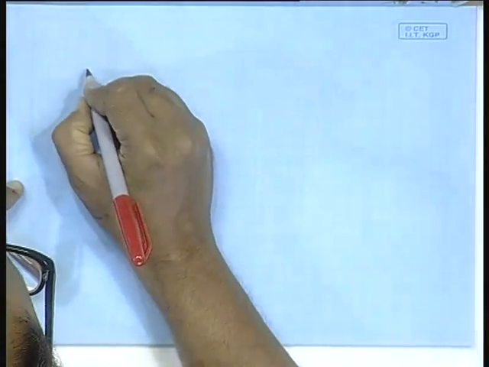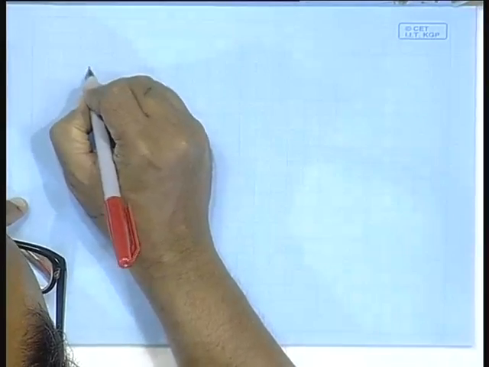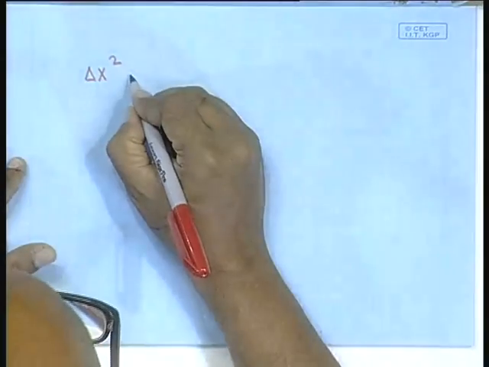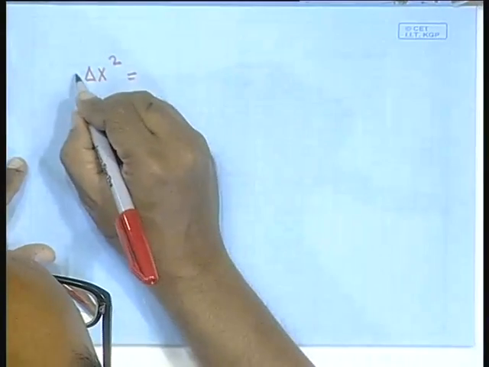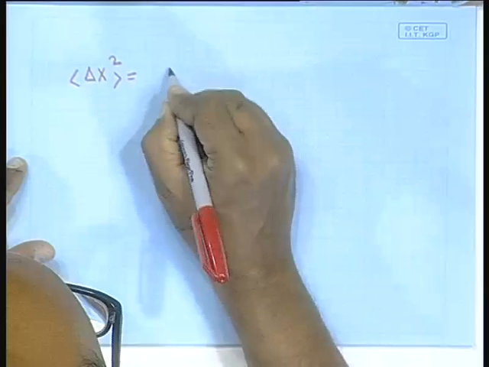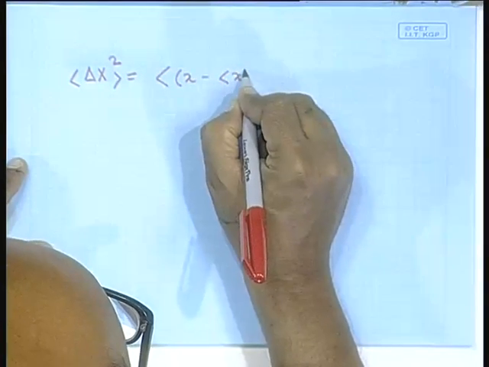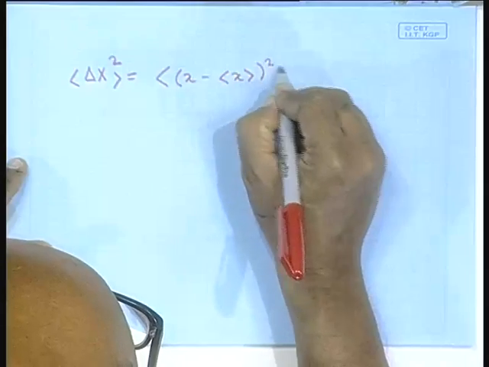So in terms of the probability density, the way to calculate it is this. The quantity you have to calculate is the expectation value of the deviation delta x squared, which is x minus the mean value, the square of this, and then take the mean.